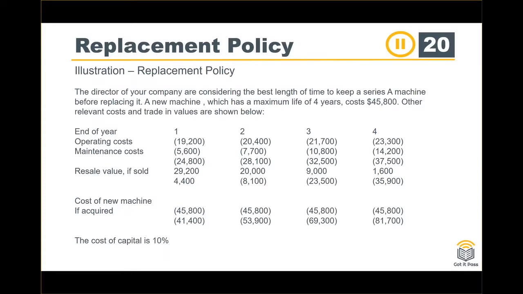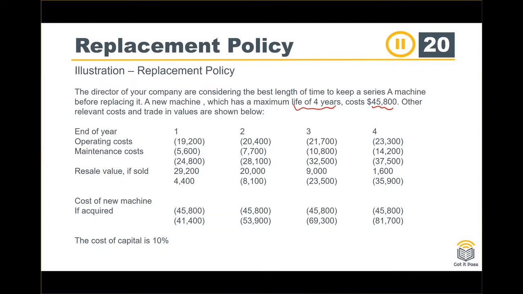Okay, good, come back. So we show you this question. It's a question asking you about a replacement policy. You have machines with a 4-year life, and the cost is 45,100. No inflation, maintain the same. Other relevant costs and trade-in values are shown below.